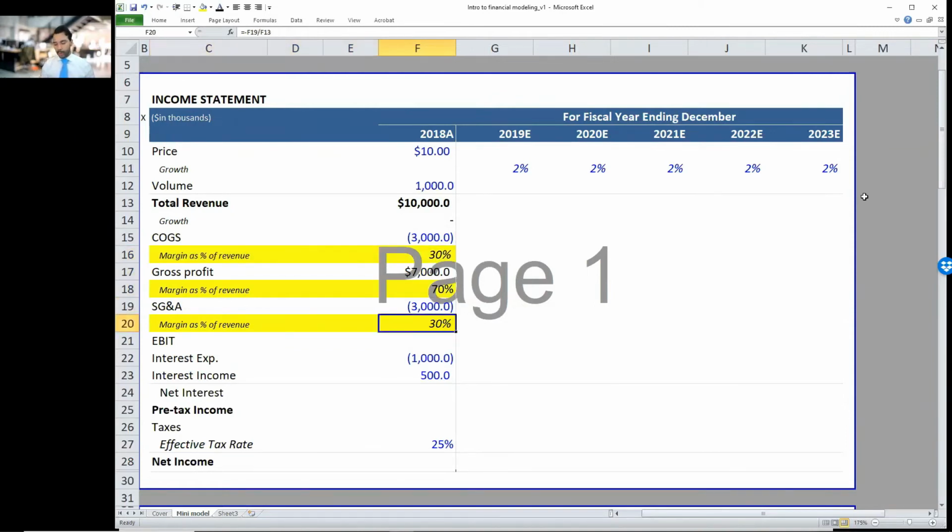Essentially, when you want to boil it down to a simplistic answer, it means, from an SG&A standpoint, per every dollar of revenue that you generate, 30 cents is going to go into your employee salary, your marketing budget, your advertising budget, and any other type of overhead costs that you may have, like rent, utility, legal expense. That's what SG&A represents. So for every dollar of revenue, 30 cents is going to be allocated to facilitate or fund all of those expenses.